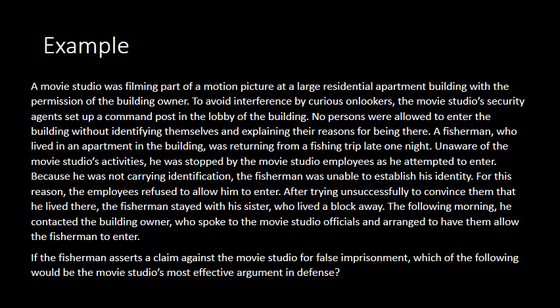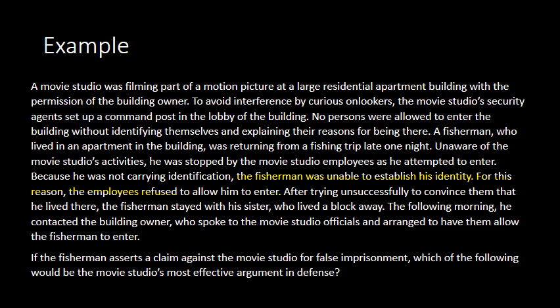So having read this and knowing about false imprisonment law, there are some facts here that look kind of strange. Here we know that the fisherman was unable to establish his identity and they refused to allow him to enter.